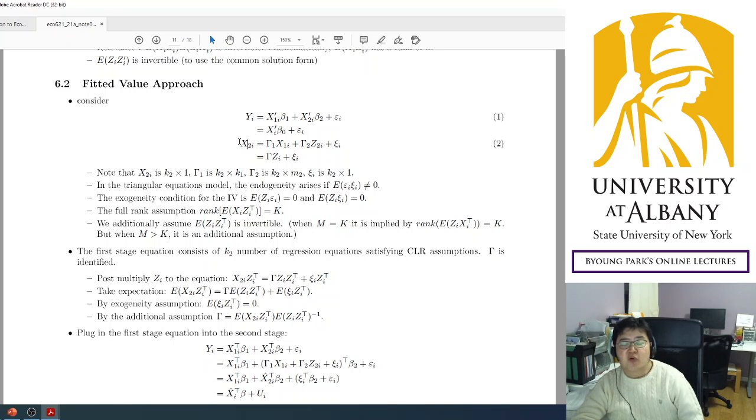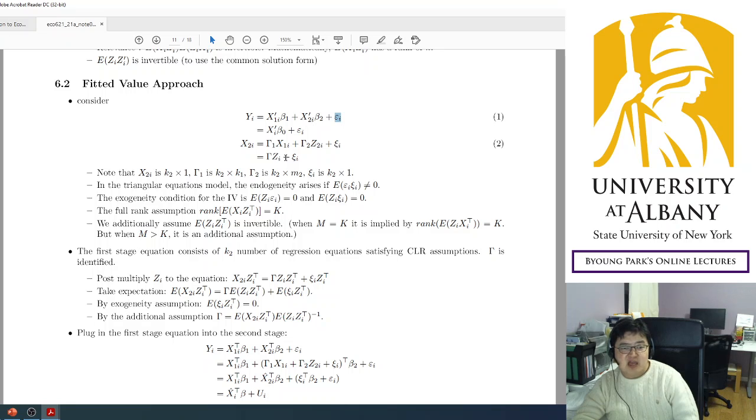So we set up the equation for x2. Remember, the main reason we had a problem with x2 is that x2 is correlated with epsilon, and our goal is to decompose the endogenous variable x2 into the part that is uncorrelated with epsilon plus another part that could be correlated with epsilon.